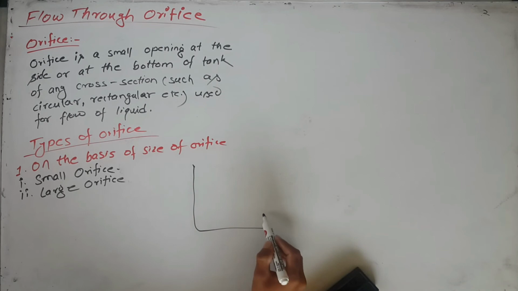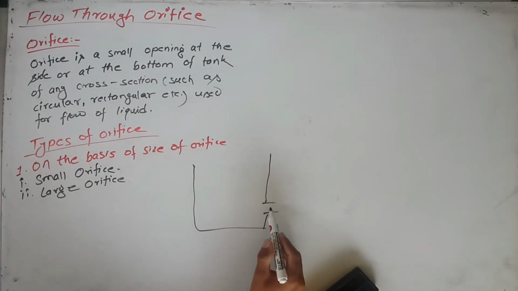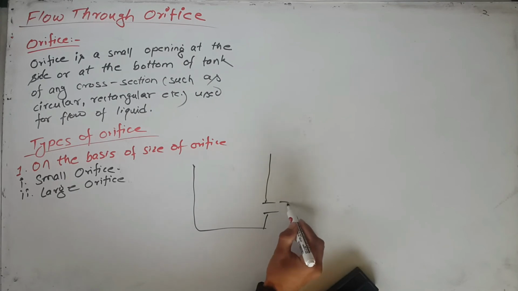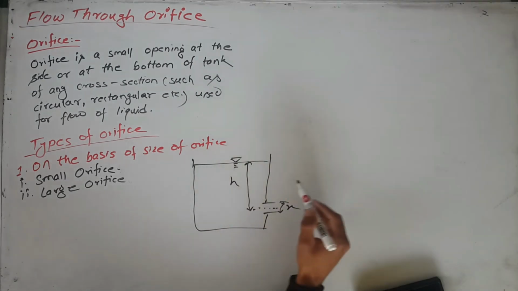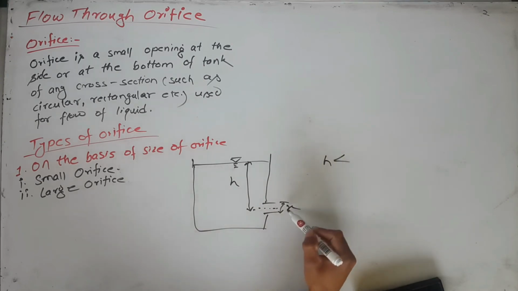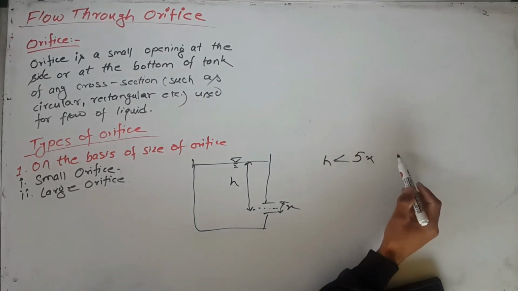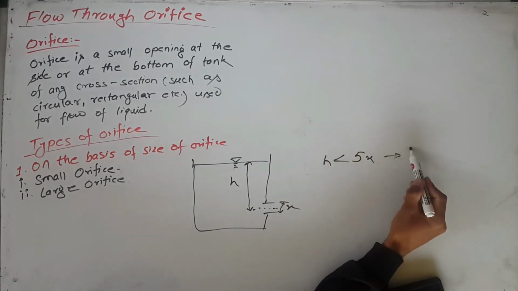Let x be the depth of the orifice and h be the height of the water level from the center of the orifice. If the head at the center of the orifice is less than 5 times this x, then it is called a large orifice.